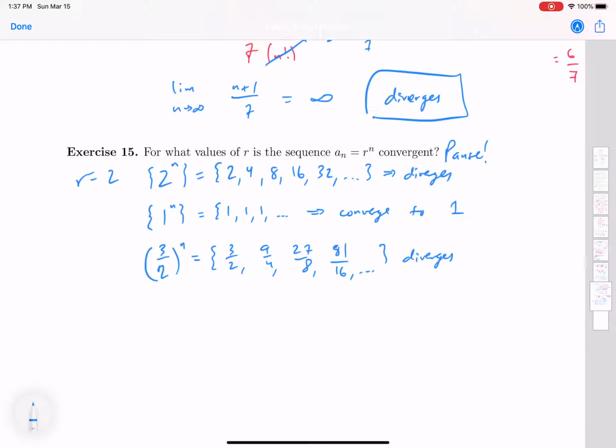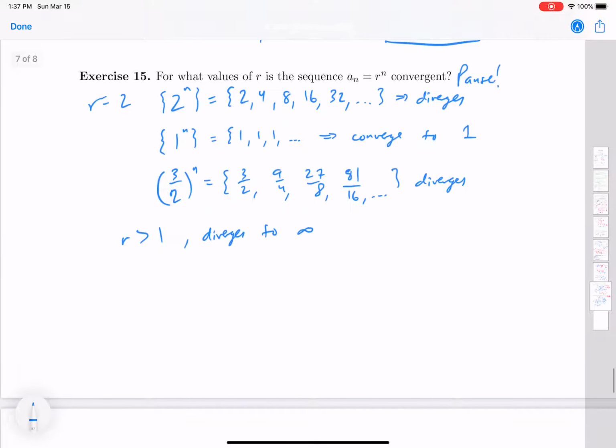And it's just going to keep getting bigger and bigger and go off to infinity. And in fact, that's going to be true for any r that's greater than 1, because it's always going to be getting multiplied by something greater than 1, so it'll keep increasing. So I know if r is greater than 1, it diverges to infinity.